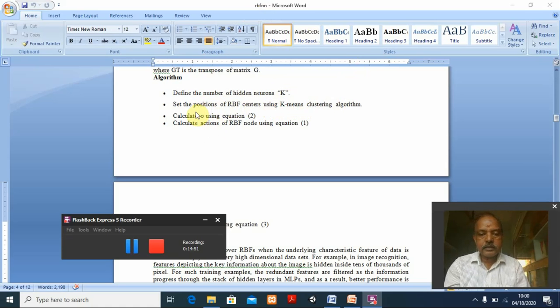Now calculate sigma. If you remember, this sigma is calculated as something divided by something like that, all the equations I have already given you, that you can calculate. Then calculate the activation of this RBF node using this equation. All the things you can do.